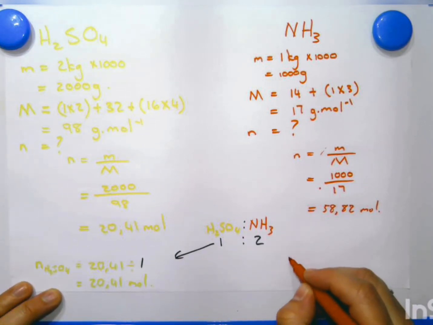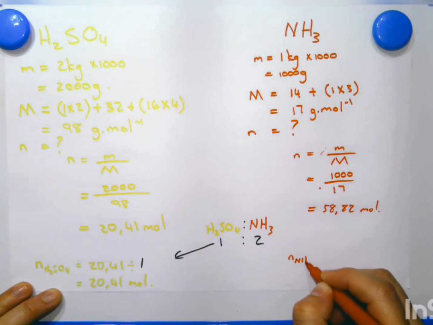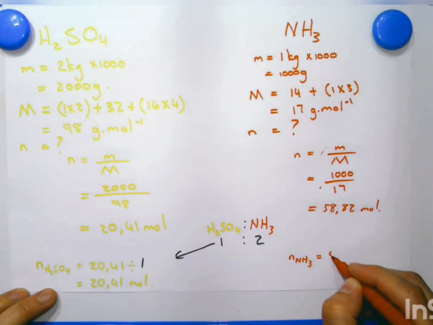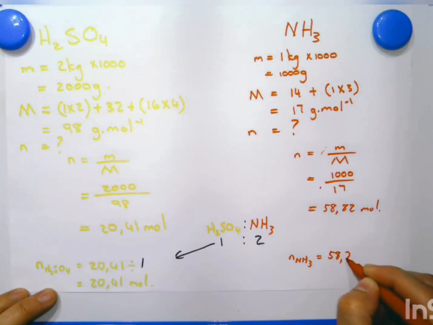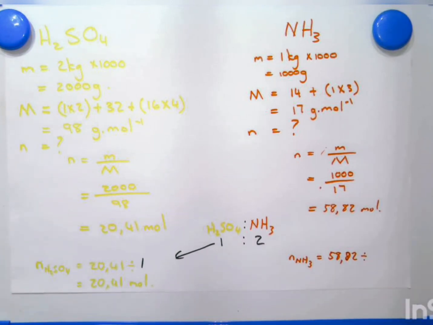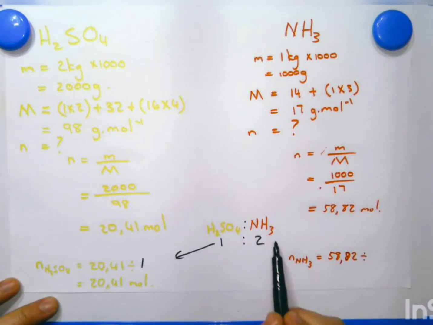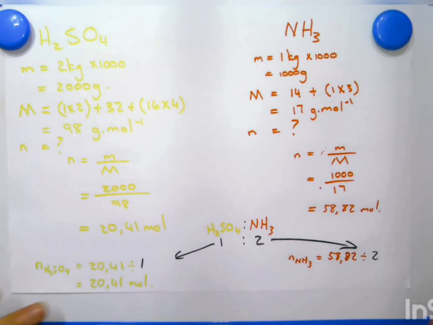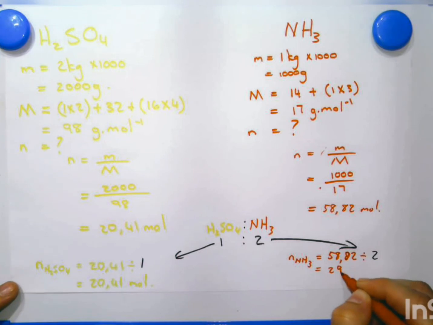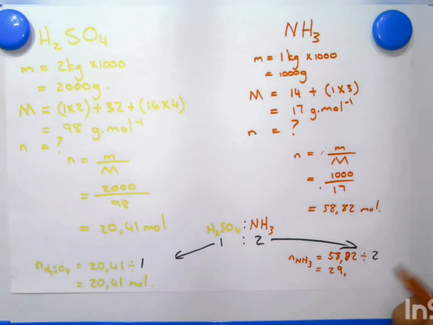For ammonia, we have 58,82 mole available, and we divide it by its stoichiometric coefficient, which is 2, and that gives us then 29,41.